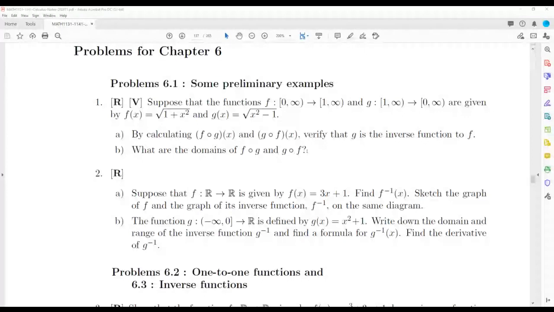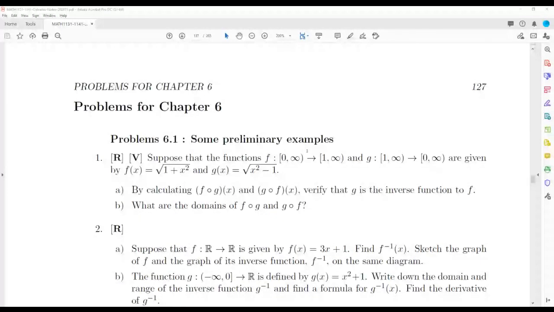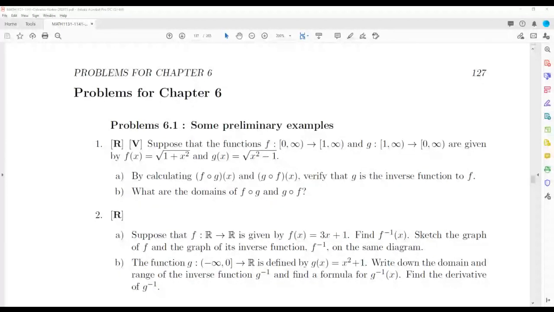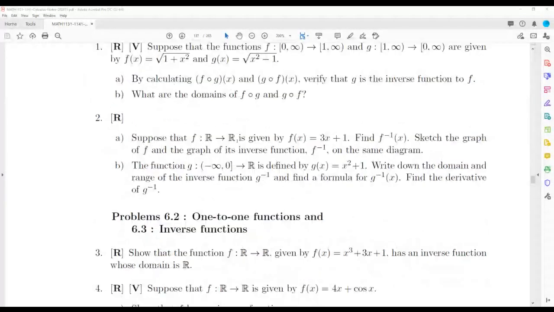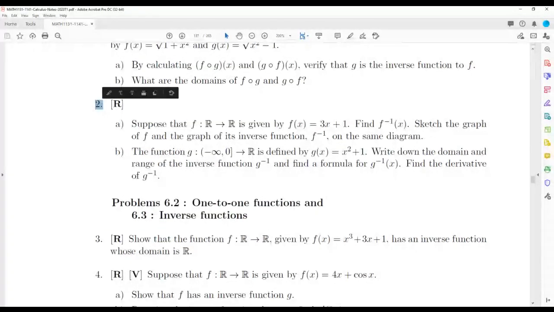So here's the PDF. This is just the problems for chapter 6. And I thought we could talk about question 2. Here you've got 2 functions, and you're asked to find the inverse functions associated with them.